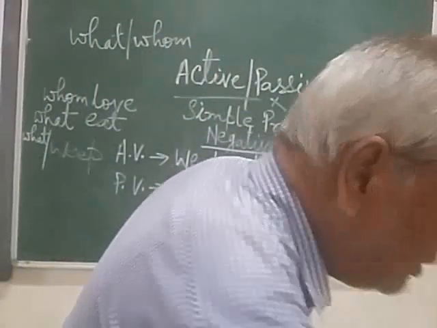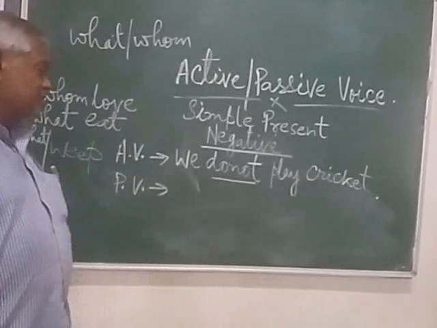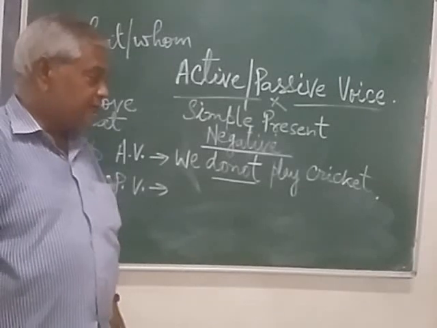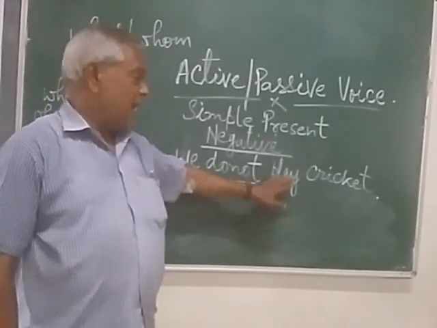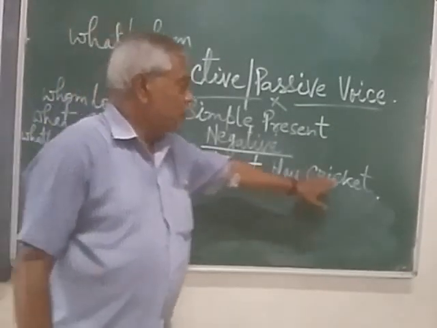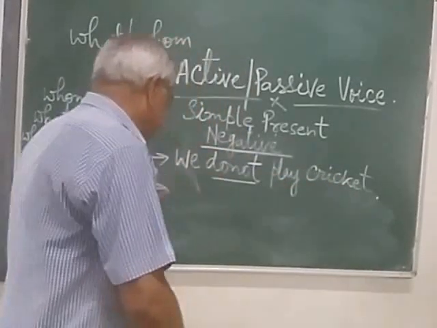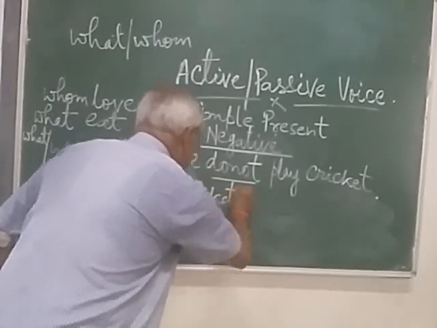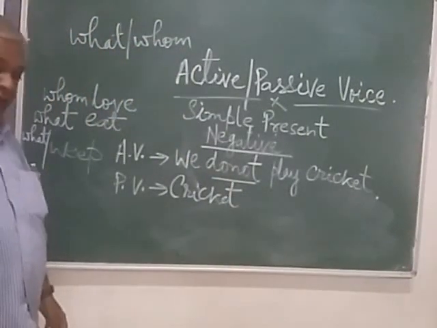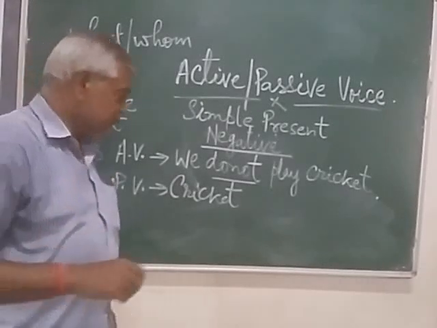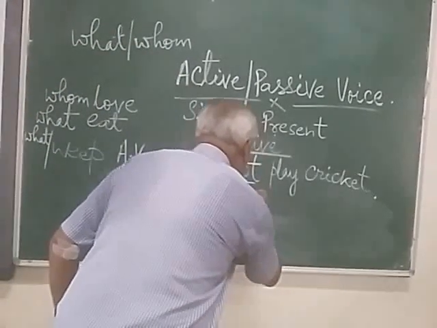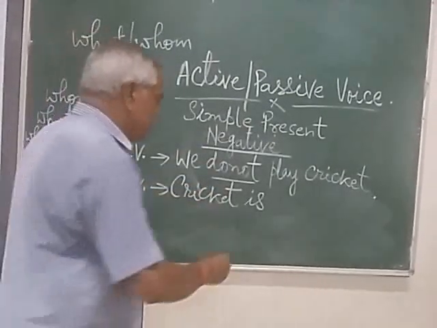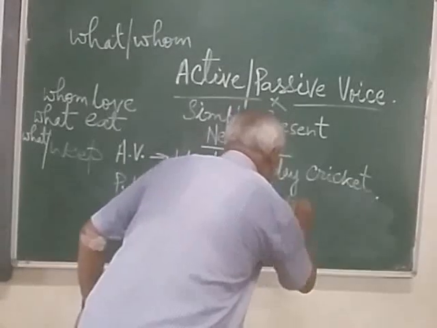So you can see, we do not play cricket. Find out which word is the verb. The verb here is play. And just after the verb, the object is there, so that should be written first. Cricket. And then is. The cricket is. And then, since it is negative, the word not is written.